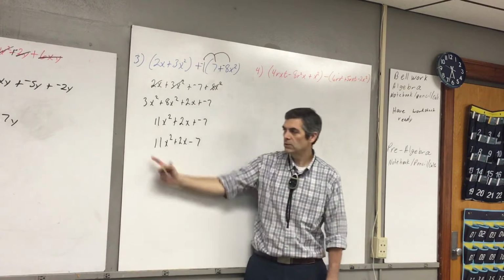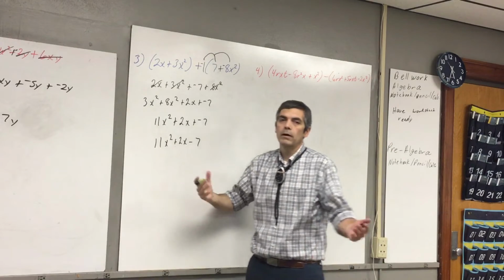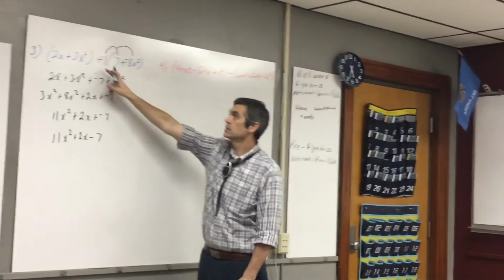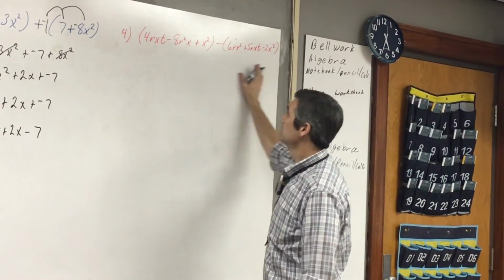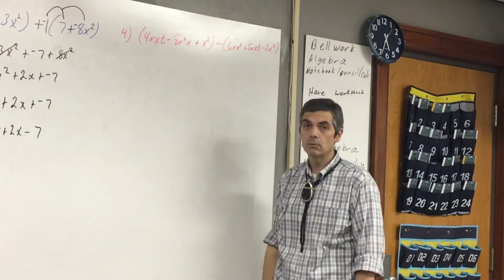Your leading coefficient is 11, your highest degree is 2. This is a trinomial, and you're good, and you should be able to identify all that. Okay? Watch that. People mess that up all the time. Okay? Same thing here, but you've got to watch what's going on with these numbers.